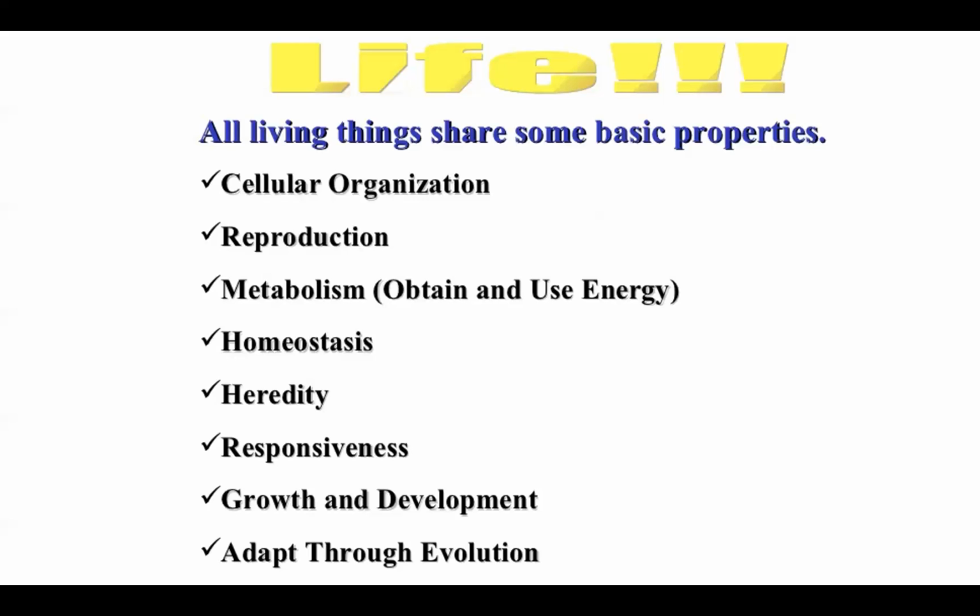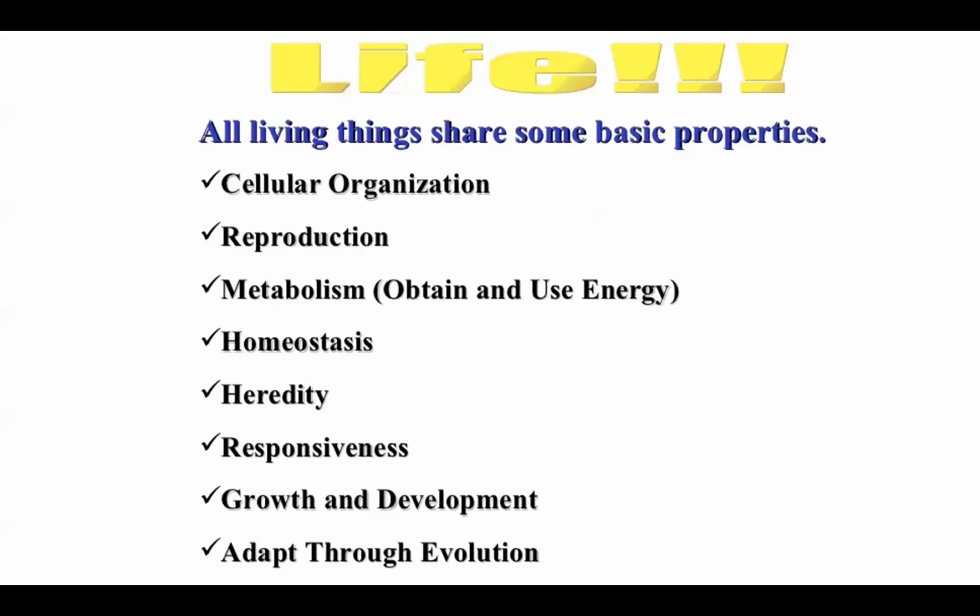So I know these things kind of seem like a lot, but if you just think about it, it makes sense, right? We know that all living things are made up of cells, so there's some type of cellular organization. And we'll be able to contrast that a little bit more in a minute as we look at the difference between a unicellular organism versus a multicellular organism, right?